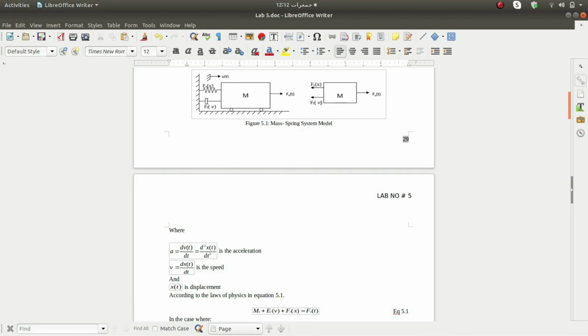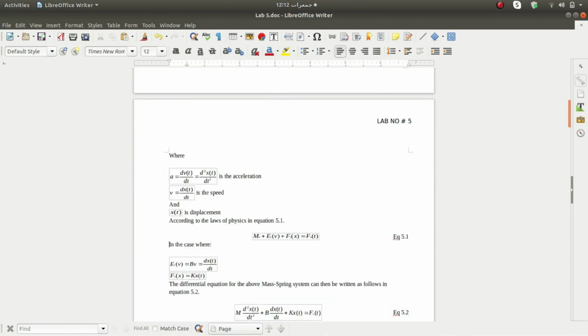So velocity equals the first derivative of displacement and acceleration equals the second derivative of displacement, because acceleration by definition is the rate of change of velocity. I hope these values are clear to you all.